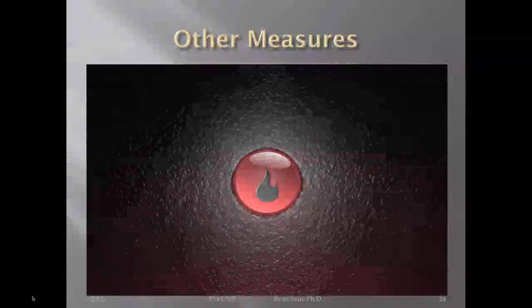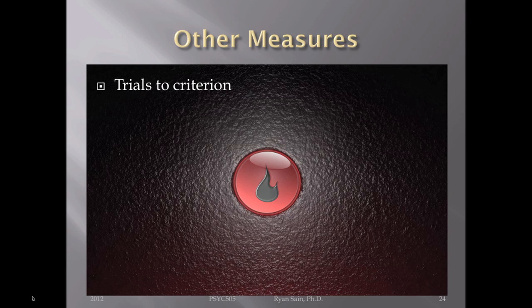Other measures, something I've used quite a bit, trials to criterion. How many times does it take you to actually achieve the criteria? This is why, when I do mastery-based teaching, my tests have five opportunities. It was an empirical decision. Quite a while ago I did a study giving people unlimited opportunities to take the tests, and I analyzed the data.